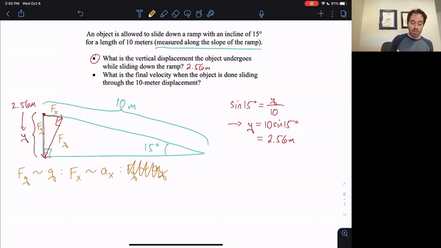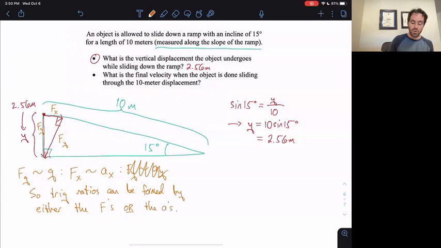So what that means is that trig ratios can be formed by either the F's or the A's.